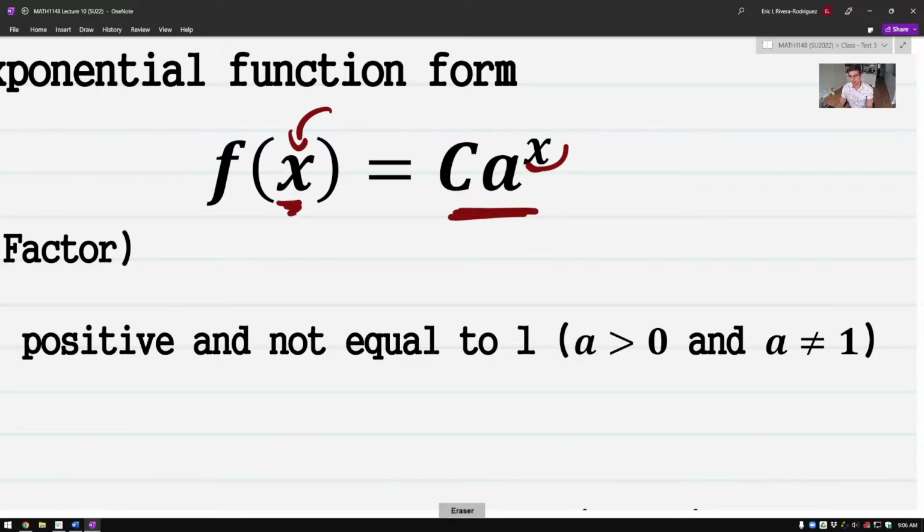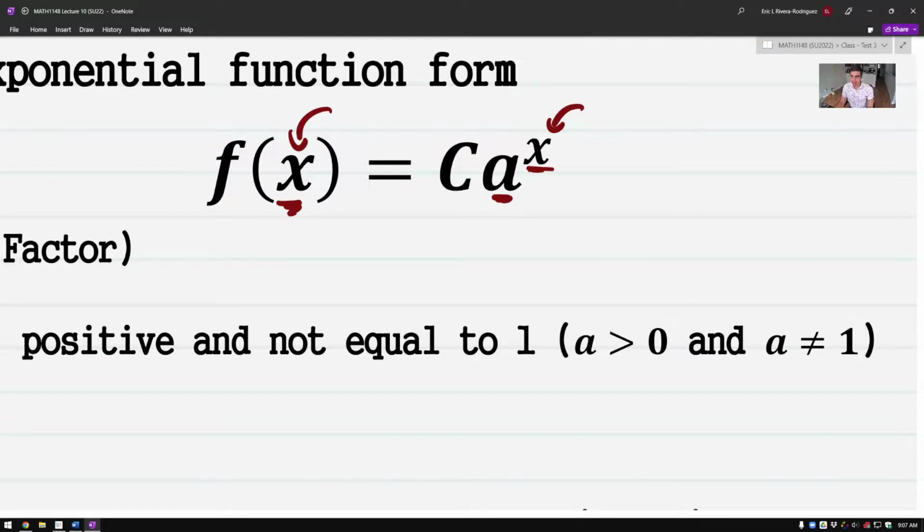So the x value will now apply as a power to a base, to a value. That value is going to be represented here with the letter A, so that is our base. The most important thing here is that you can find the input of the function as a power in the equation of the function.